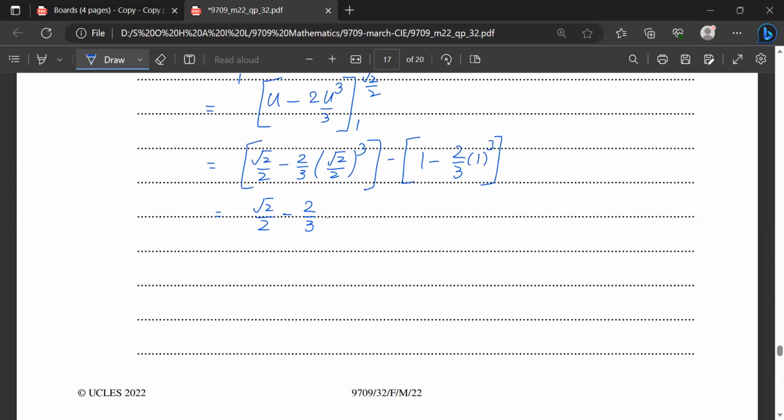If you write root 2 over 2 in the calculator and cube of that, sorry, root 2 over 2 whole power 3 is root 2 upon 4. And then 1 minus 2 over 3.